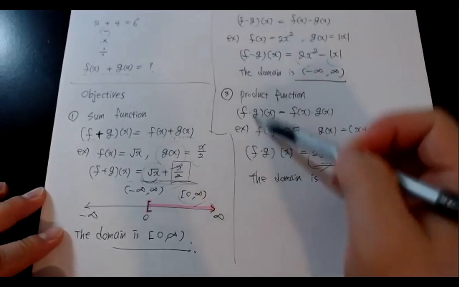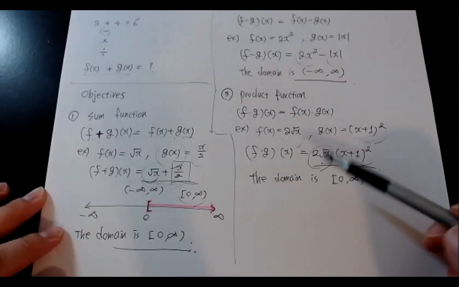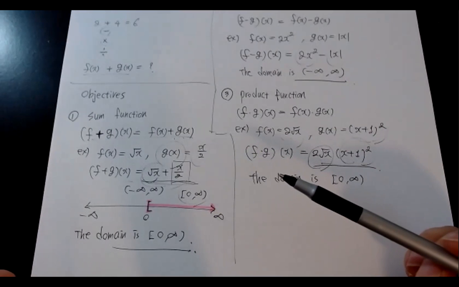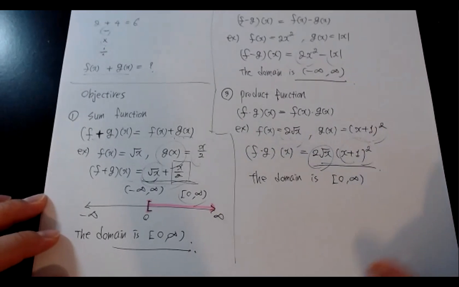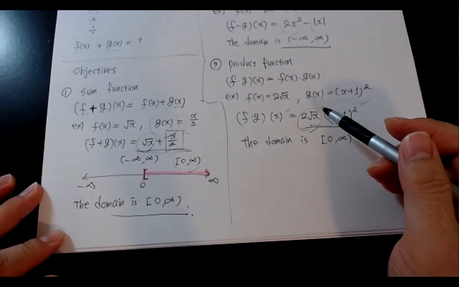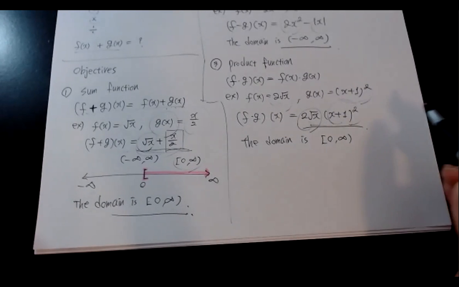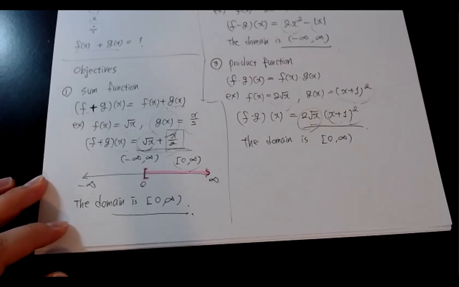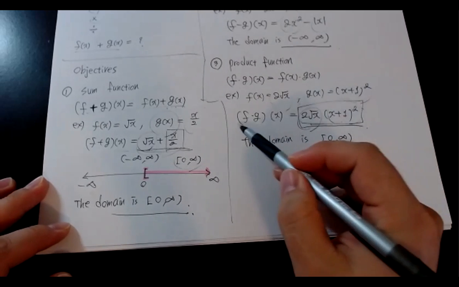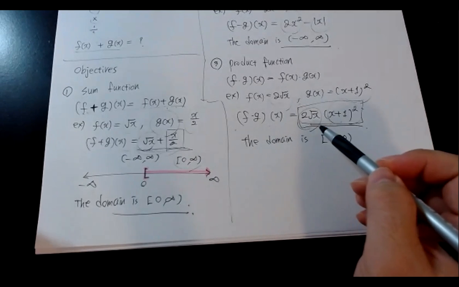So for the first three, what I did to find the domain was find the domain of f and g, and then take the intersection, right? But if you don't want to find the domain of f and g, just look at the equation of f times g, and you can figure out the domain of that function.